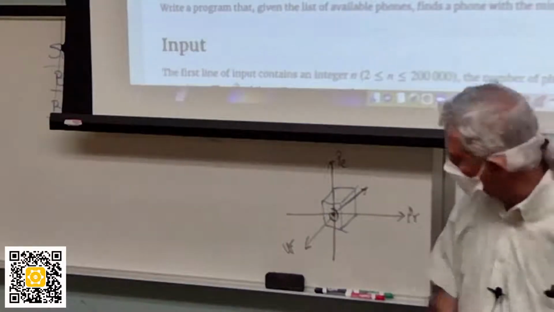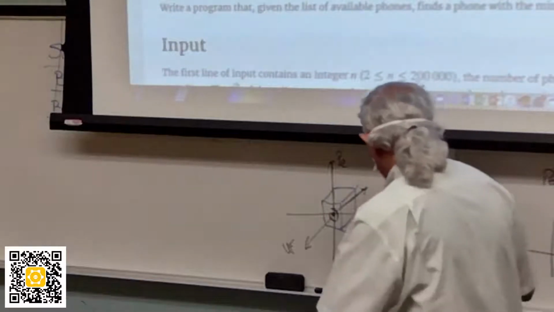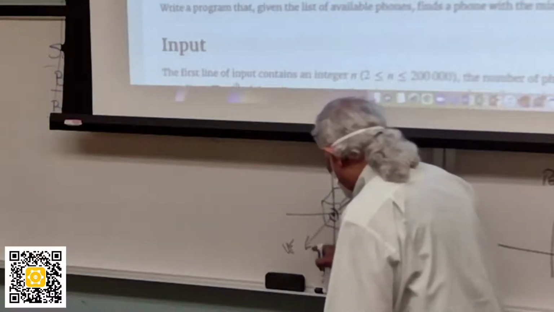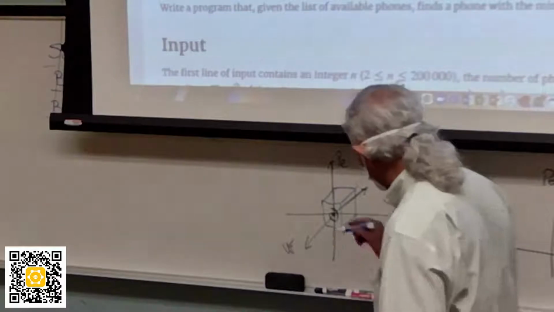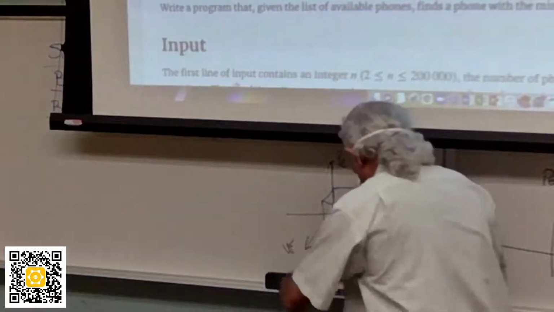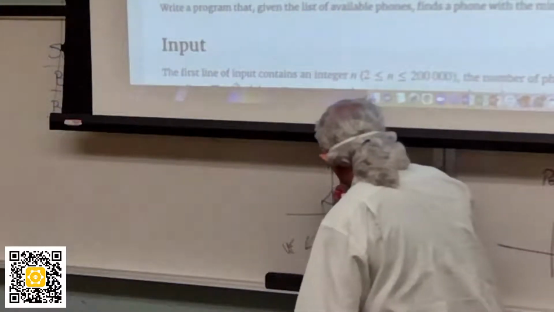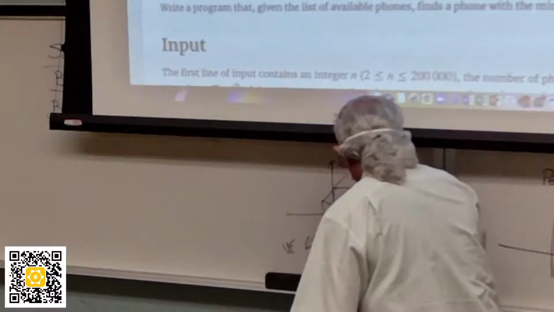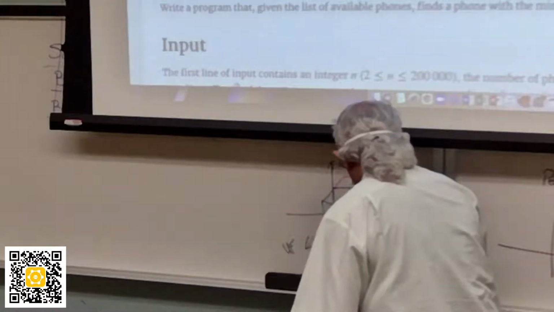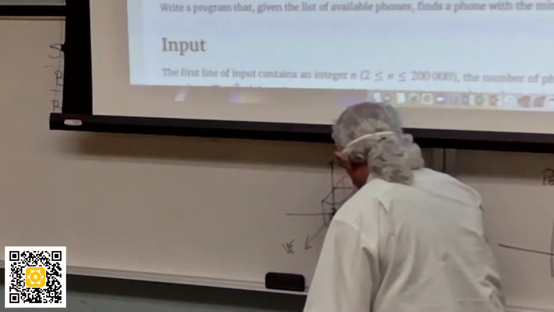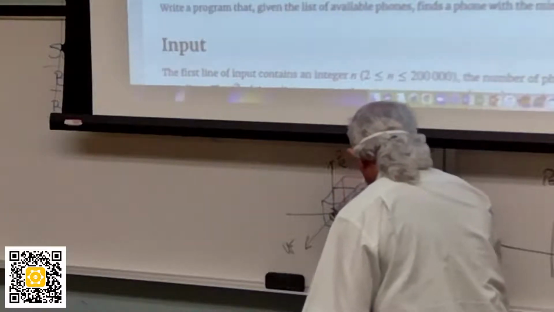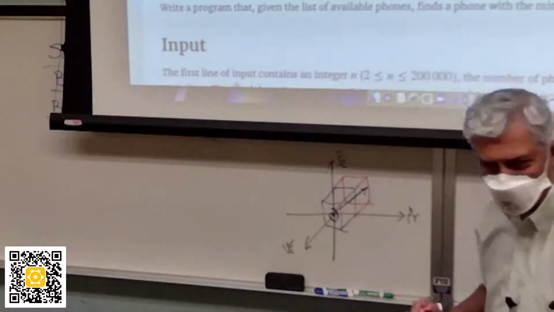Okay? So let's look at price and performance, but user friendliness is lower. So let's do that one there. Something like that, that box there, yeah?